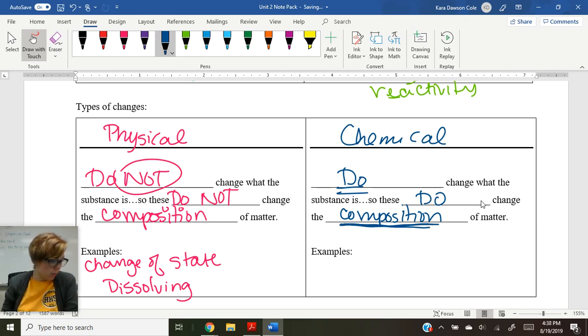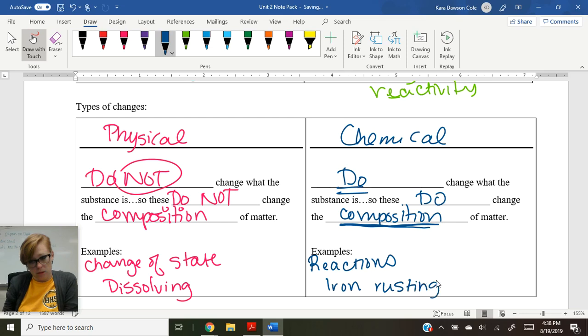Examples of these are mainly reactions, right? So iron rusting. Rusting is where iron reacts with oxygen. Rust is no longer iron, so it's completely different from iron.